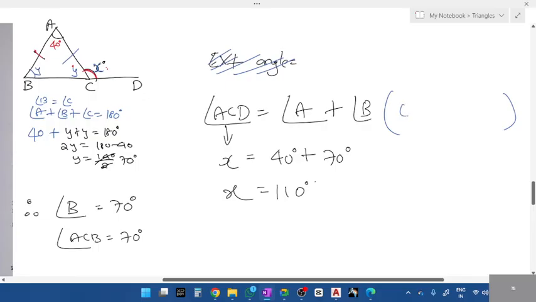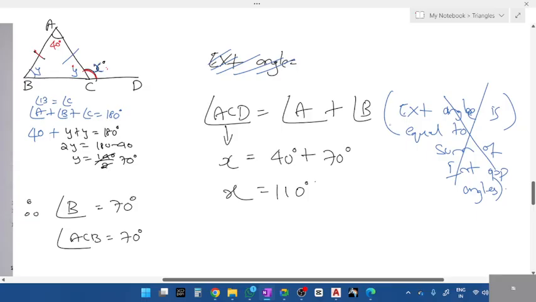Exterior angle is equal to sum of interior opposite angles. Okay, even this is not required. Just mention exterior angle, sum of interior opposite.